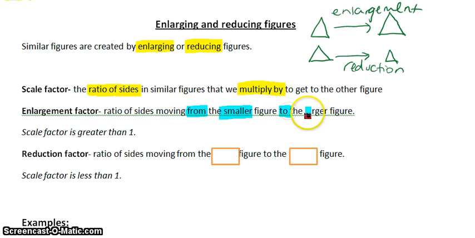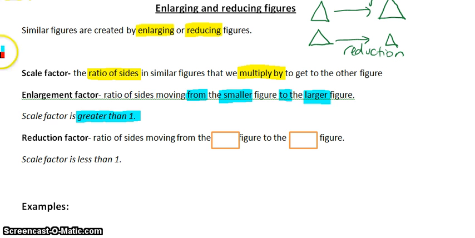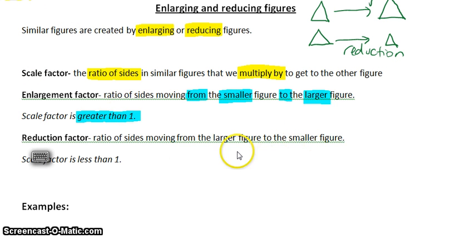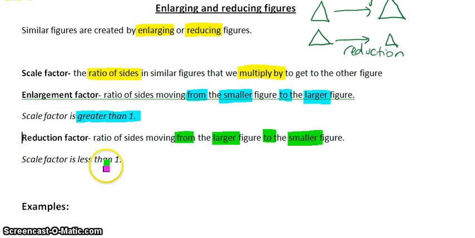And an enlargement factor has its scale factor always greater than 1. That's how you know it's an enlargement factor. A reduction factor then is the ratio of sides moving from the larger figure to the smaller figure. So from the larger one to the smaller one, and that scale factor will always be less than 1.